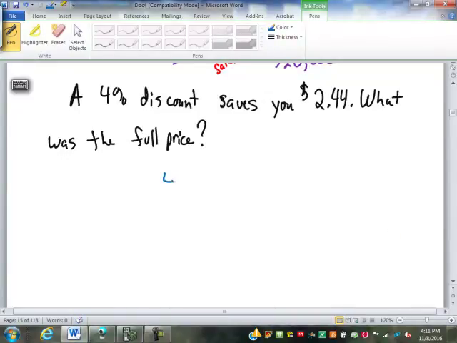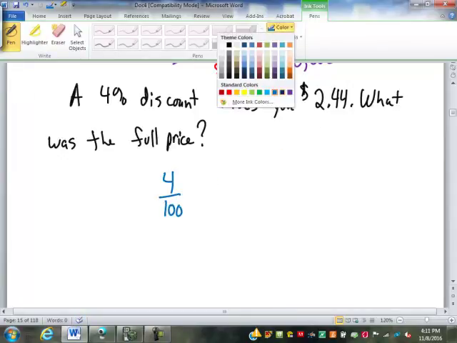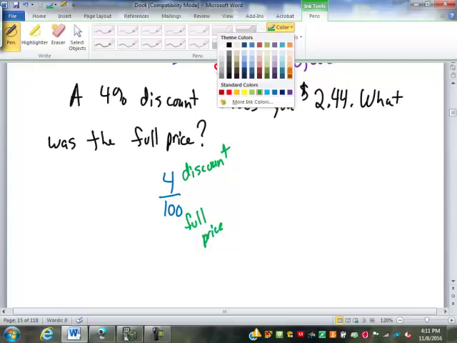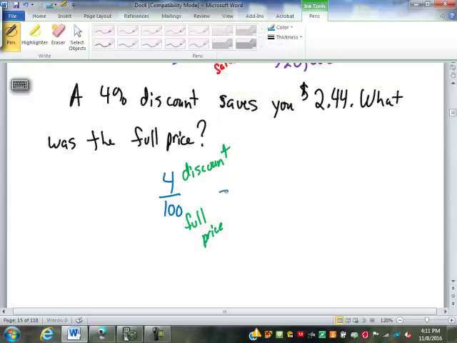We have 4%, which is 4 out of 100. The 4 represents the discount. And the discount comes out of the full price. So the 100 represents the full price, or the full amount. On the other side, we have the $2.44.